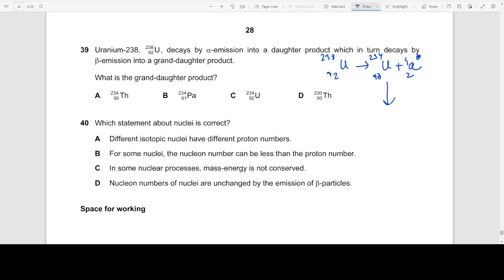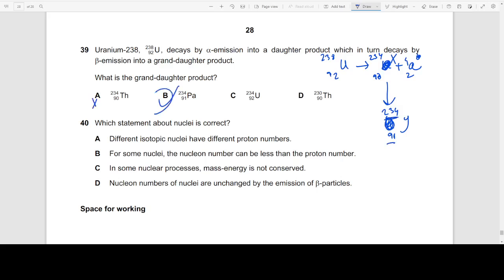It's going to form some element, and beta emission means the mass number remains the same, and since we only have beta negative emission in our syllabus, the proton number increases by 1, so 234/91.